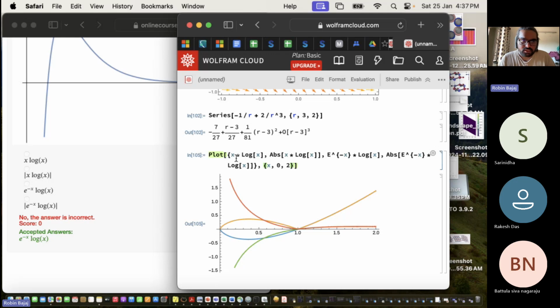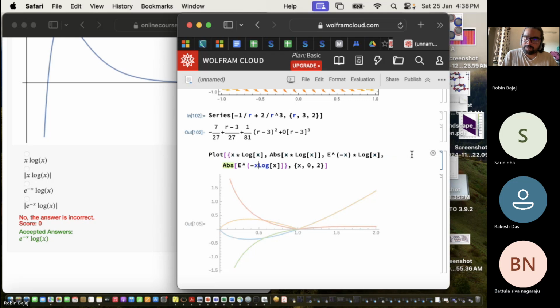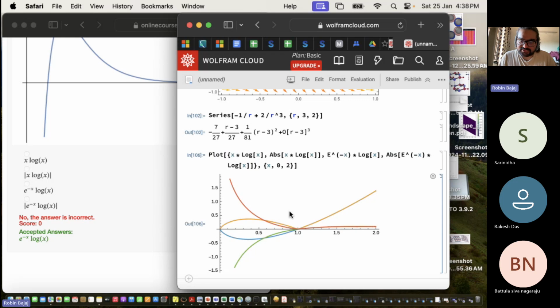x into log x, Abs, and e to the power minus x log x, e to the power minus x. I don't know if this works like this or not. No, it's the same only.